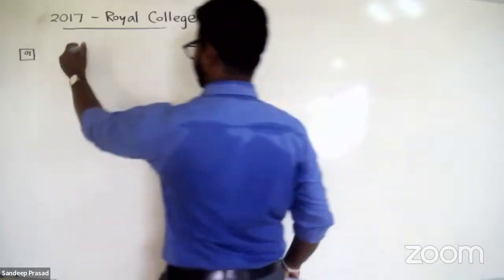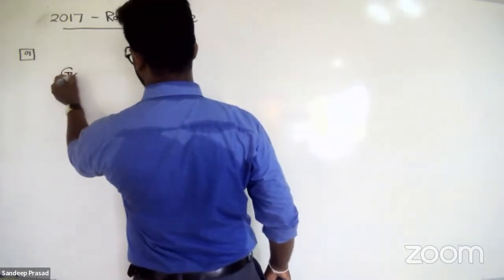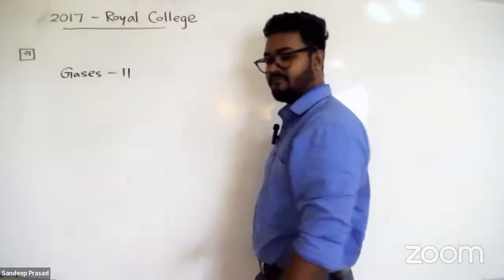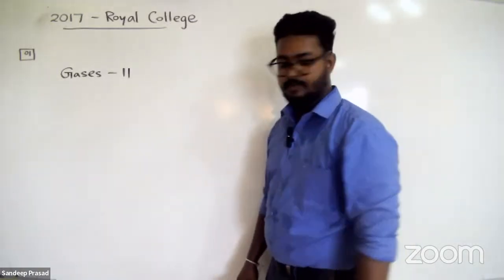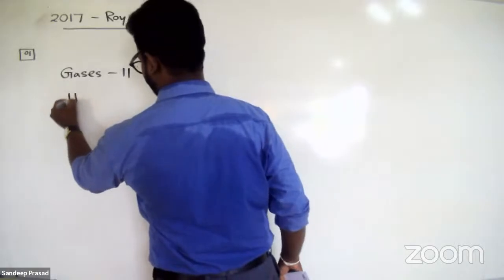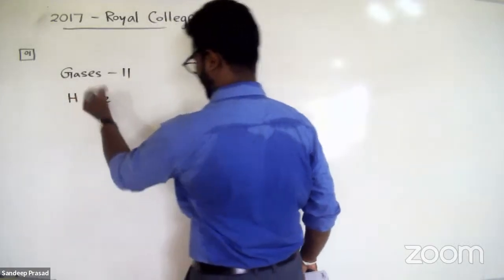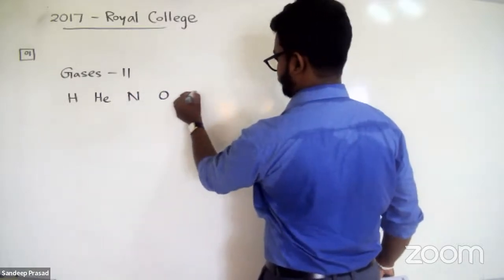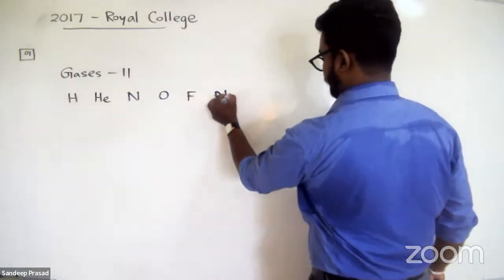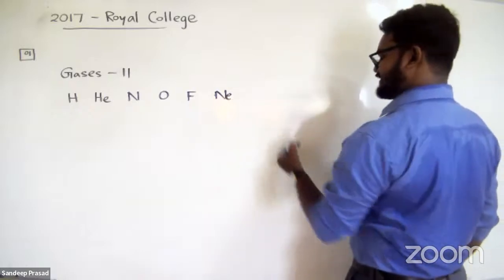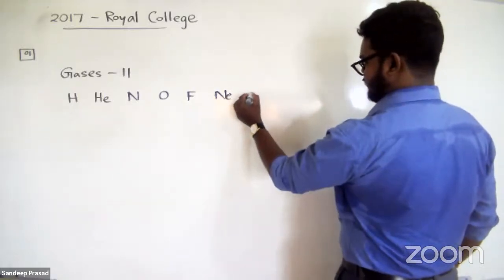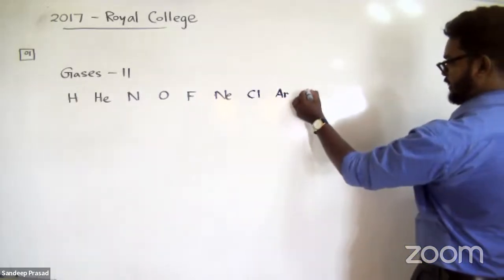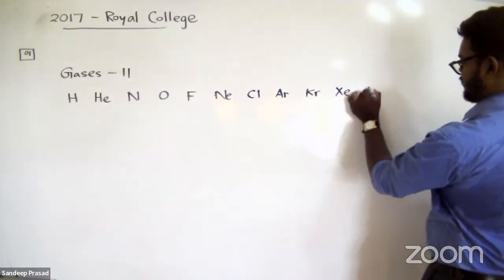So remember, when we analyze the periodic table, there are 11 gases. Can you remember we have learned these things in the periodic table? There are 11 gases. What are the gases we have? Hydrogen, helium, nitrogen, oxygen, fluorine, neon. And then if you go to the third period, then we have chlorine, argon, krypton, xenon, radon.